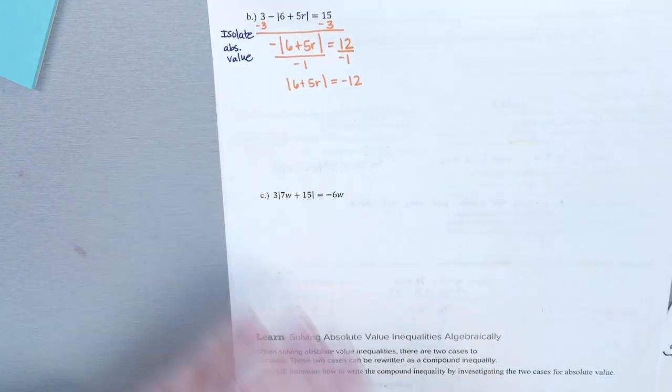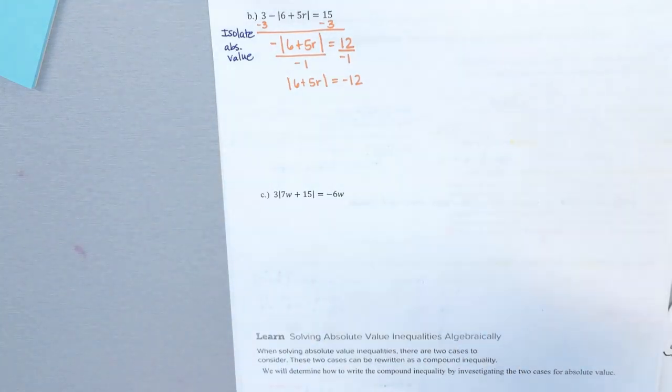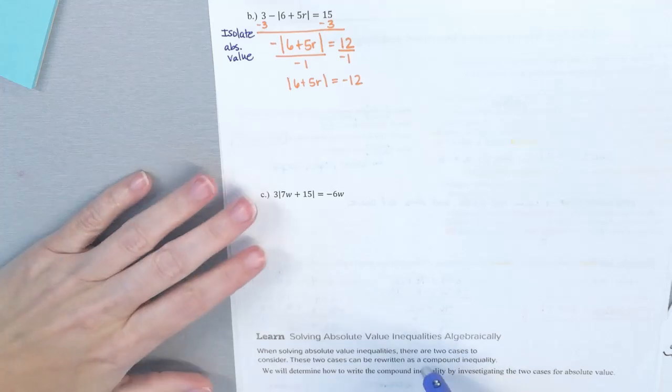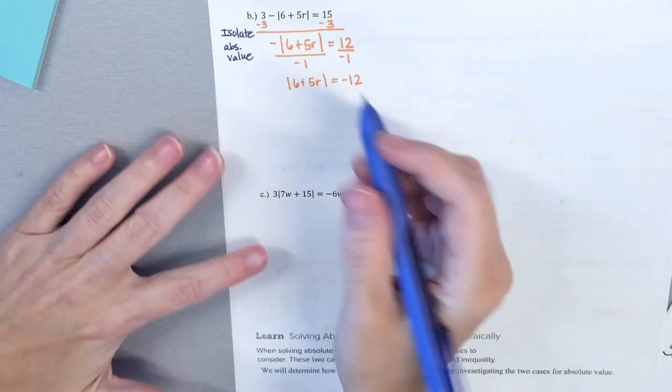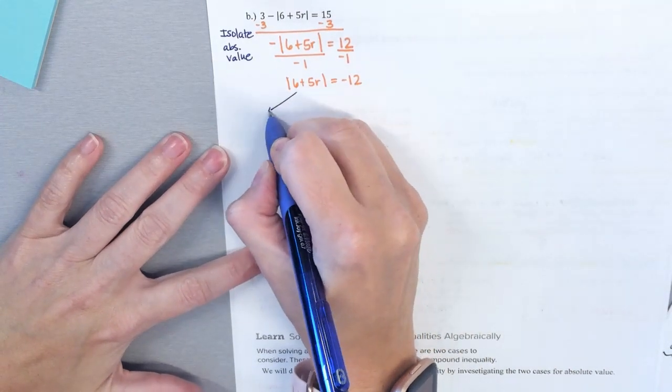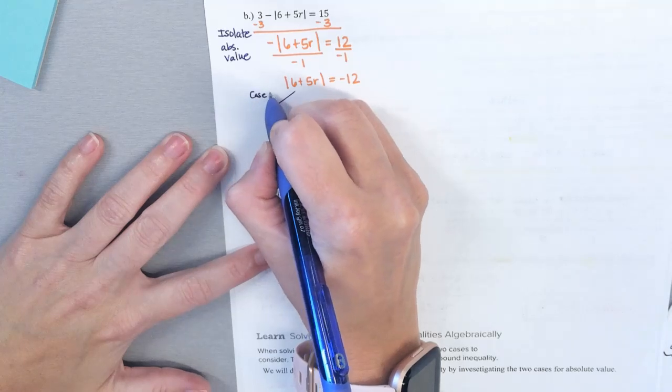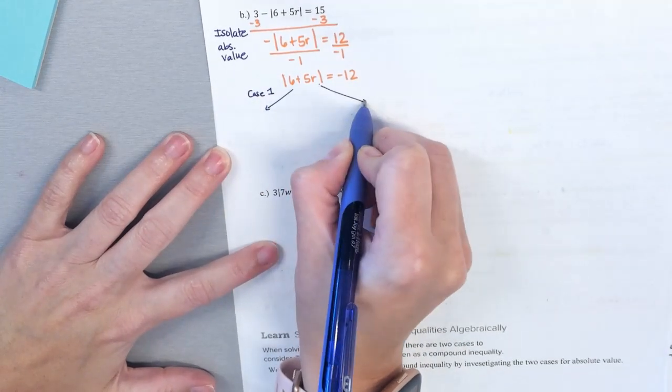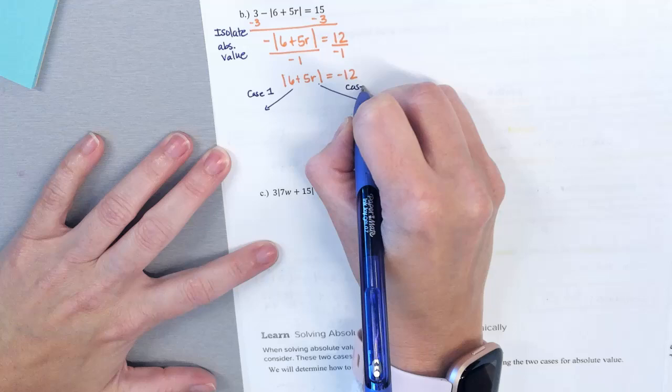Once the isolated absolute value is there, now you can do your two cases. You can really just write it out like this. Here will be case 1, here will be case 2.